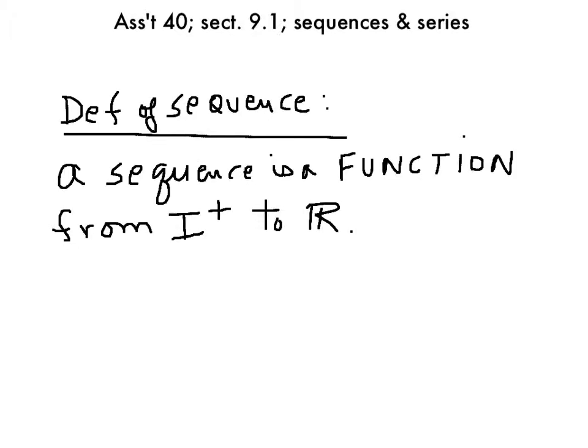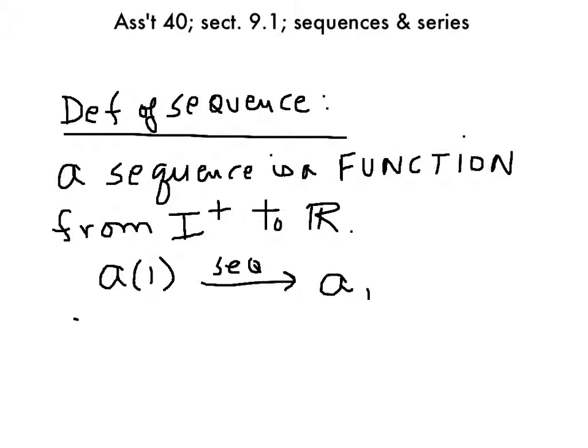So the formal definition of a sequence is a function, and its domain is the positive integers, and the range is reals. So suppose we talk about this function being a, and typical function notation is a of 1. When we're talking about a sequence, we write it very specially as a sub 1.